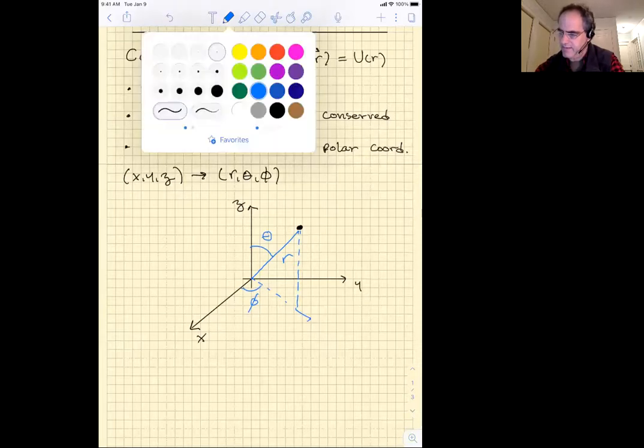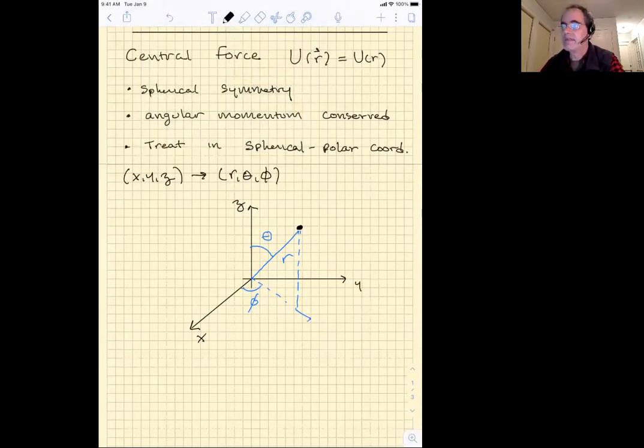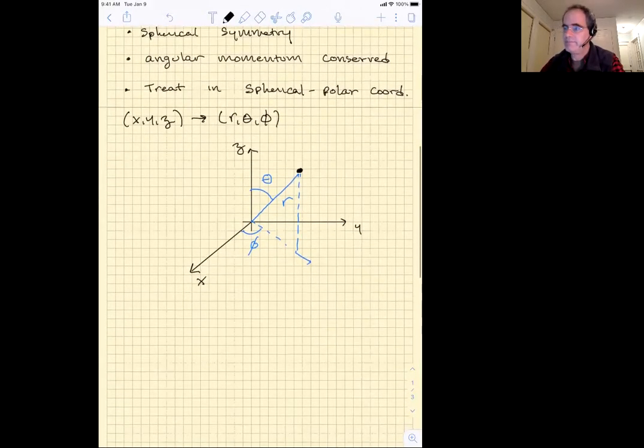And it's easy to work out the relationship between x, y, and z. Z turns out to be equal to r times cosine theta. X turns out to be r times sine theta times cosine phi.